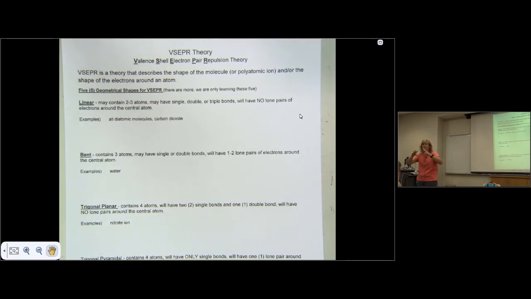All of this, you can't have biology without chemistry. It all goes together. And so these 5 shapes that are listed on this sheet are the 5 shapes that you are going to be responsible for. Now, if you have had a higher level high school chemistry course, like an advanced chemistry or an AP chemistry, there was a possibility your teacher taught you even more shapes than these.